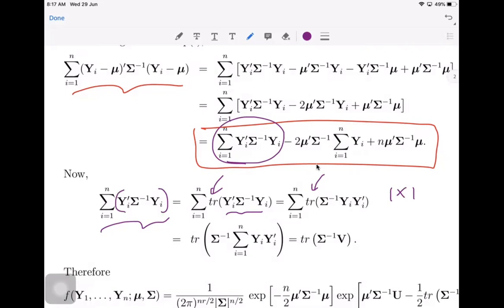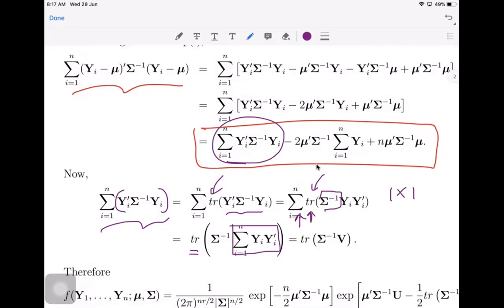And this is using the properties of the summation and the trace. So we can take out trace outside, and this is a constant with respect to the summation sign. So we put the summation with yi yi prime.